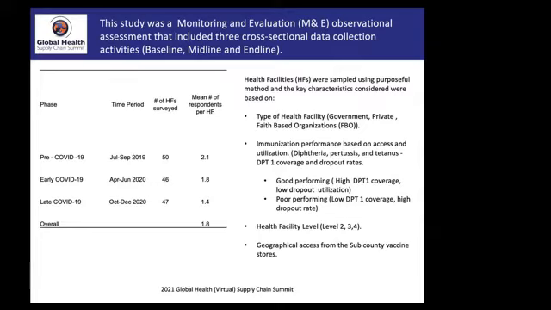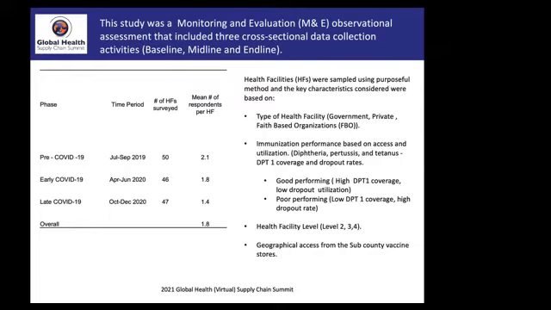The 50 facilities that we followed through the pilot really were selected based on a few indicators. One was what type of facilities were they? So we mixed both the government, the private, and the faith-owned organizations just to see how stock levels differ across the different types. But also the performance, the immunization performance of these facilities was also key.